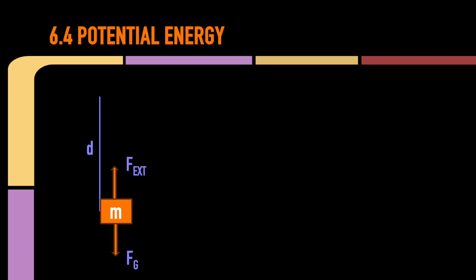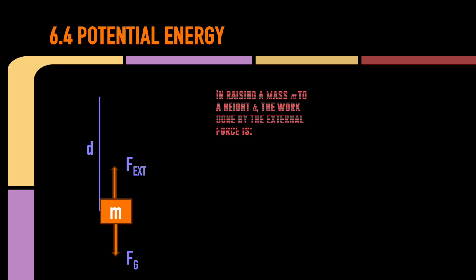So for potential energy, we have an object that's sitting on the ground. We know it has its mass, and let's assume that we're holding it up or we're going to raise it. So in raising a mass m to a height h, the work done by the external force is Fd cosine theta. Once again, we've already kind of done this. d is the displacement up.